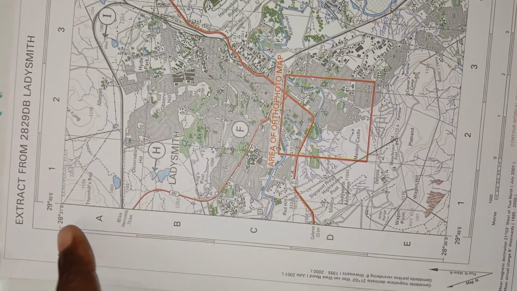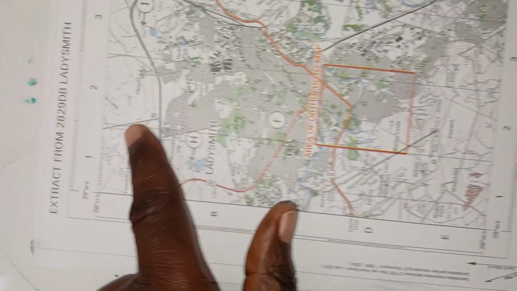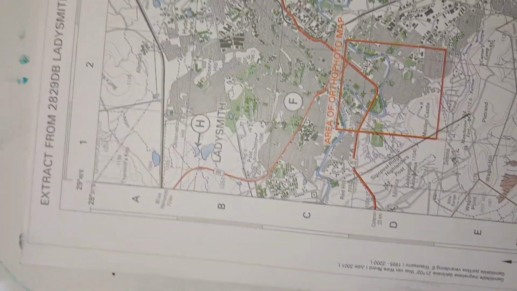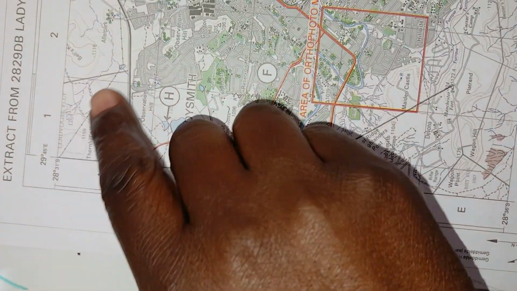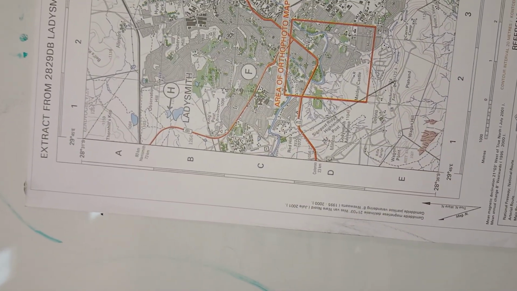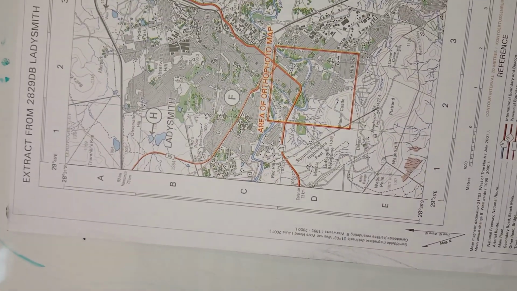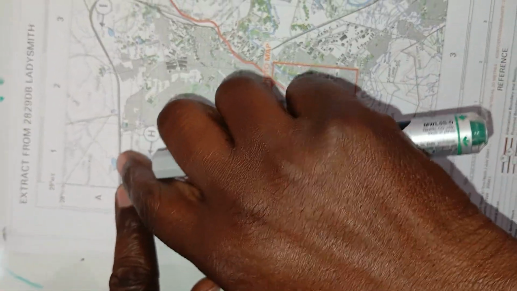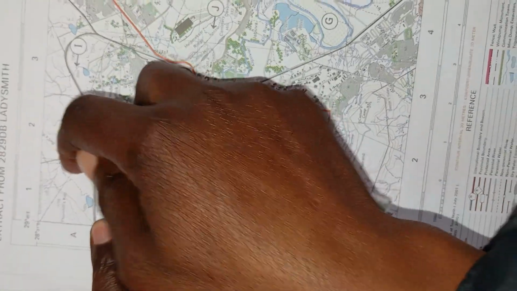You can see here in A1, we have this river. The tributaries are joining at an acute angle. The direction in which the acute angle is joining the main river will tell you the direction in which the river is flowing. Number two, you can also make use of your dam wall. This is your dam, as you can see in A1. The river flows towards the dam wall, not away from the dam wall.